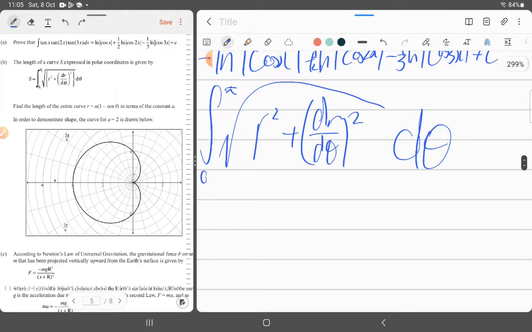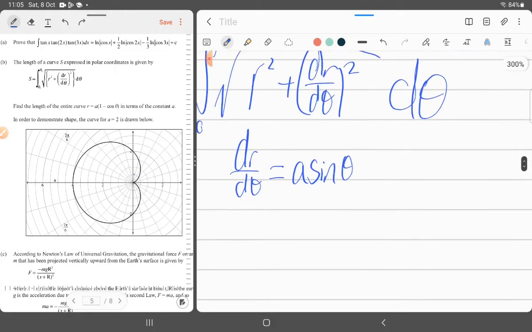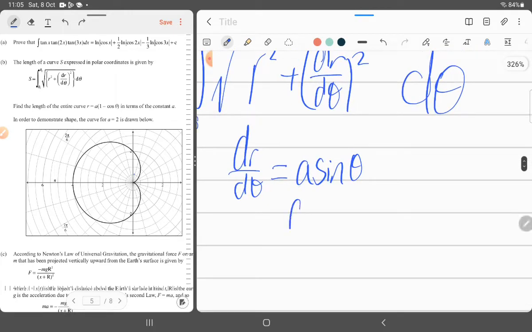So we can do d over d theta of this equation, which gives a sine theta, since a is a constant. So we square this, so we get a squared sine squared theta.